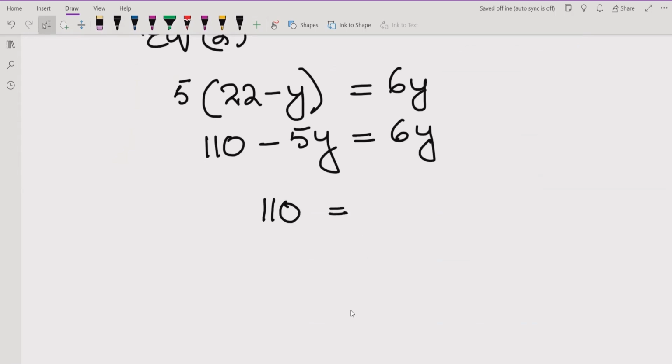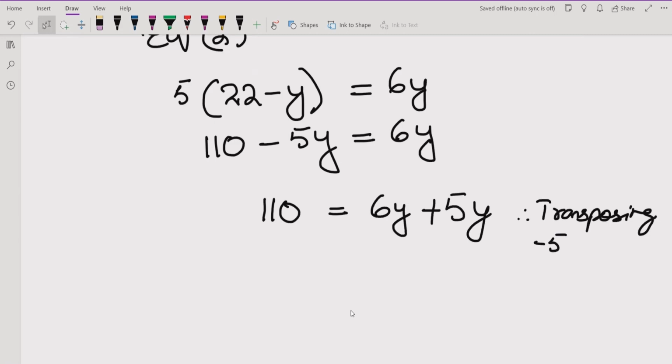Now we move forward and write 110 here, and 6y on the other side. We shift the minus 5y, so it becomes plus 5y, transposing it to the right hand side.